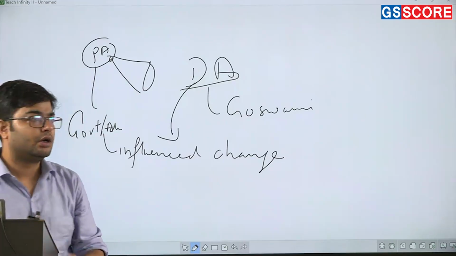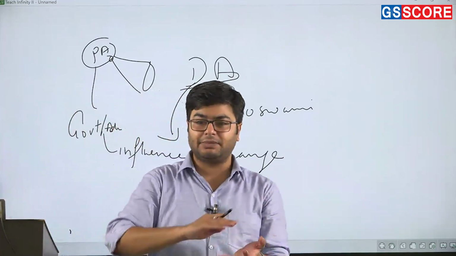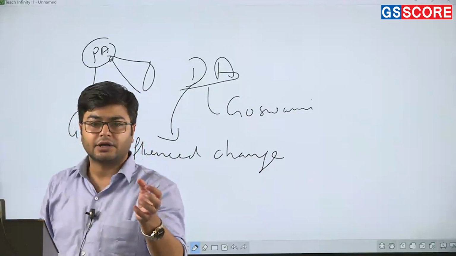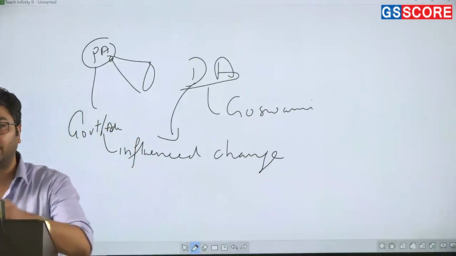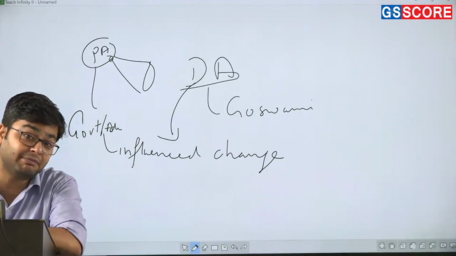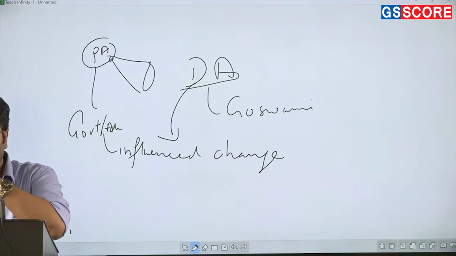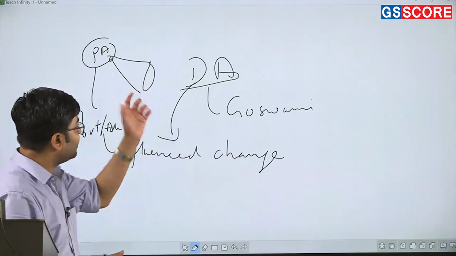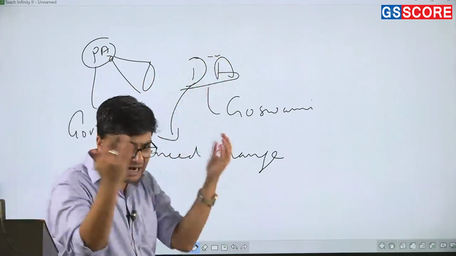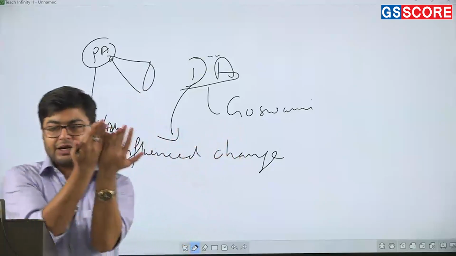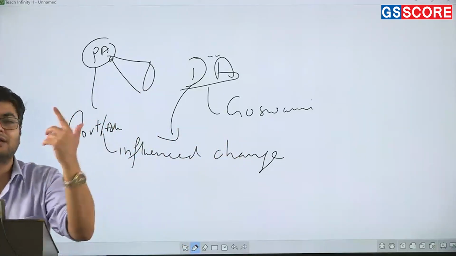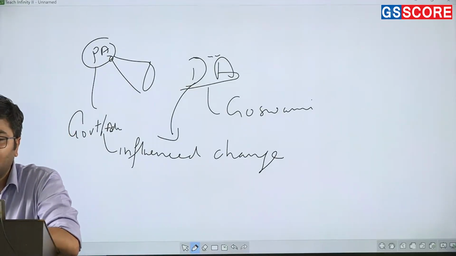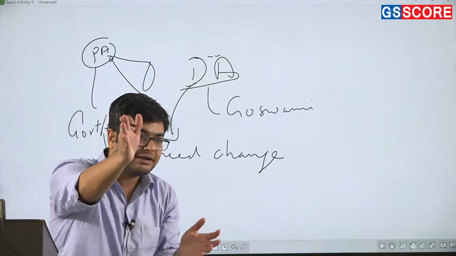Better what? Better society, better economy, better infrastructure. So, better across the socio-political, cultural, economic landscape, or the attainment of those goals. The idea that development and administration are two words coming together is for the fact that it is an organized effort. Okay. It is an organized effort, integrated, directed.